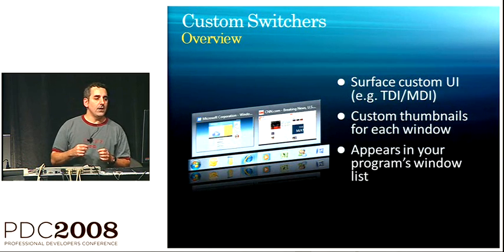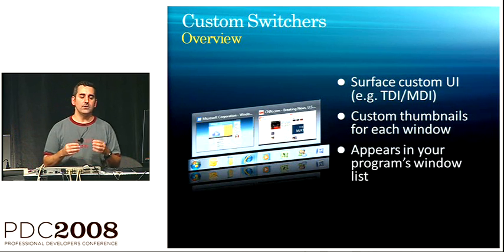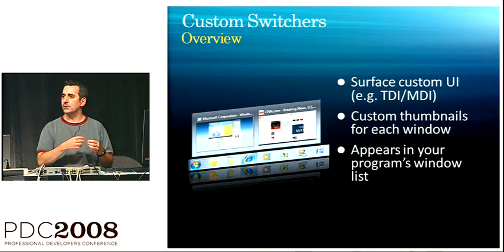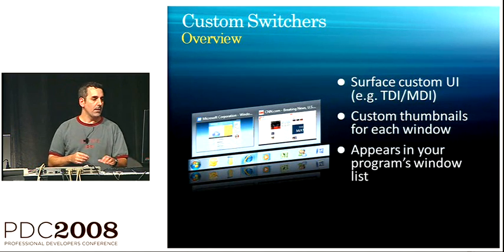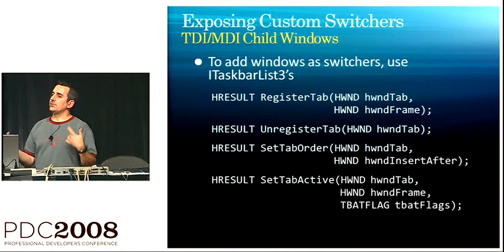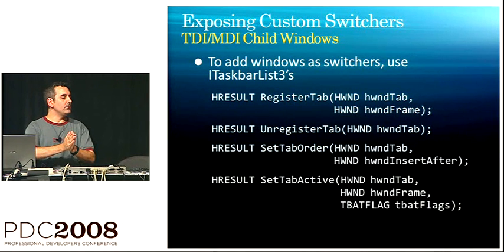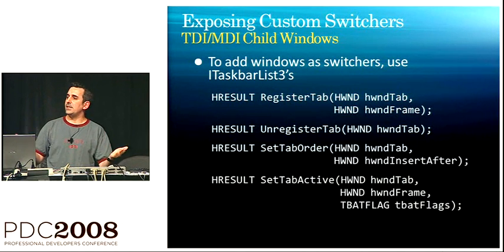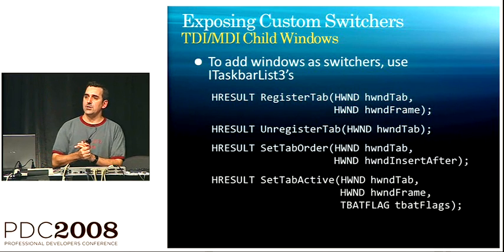And not only do we allow you to specify switch targets for those documents, you can specify custom thumbnails for what actually gets represented in the taskbar now. So the taskbar list API has a series of methods on it in which you can use to just indicate any custom switchers that you would like for your application.